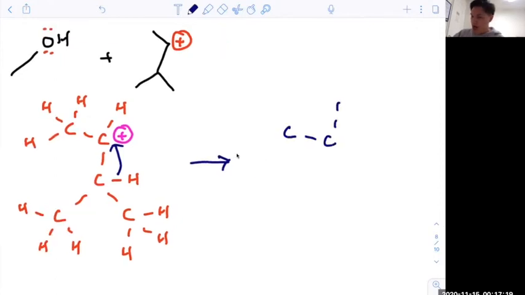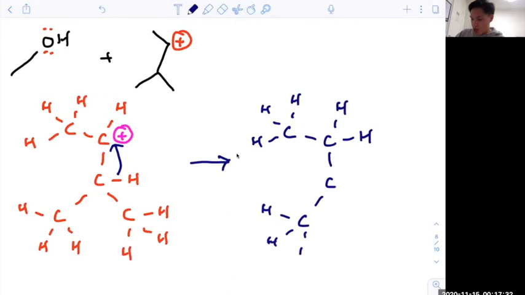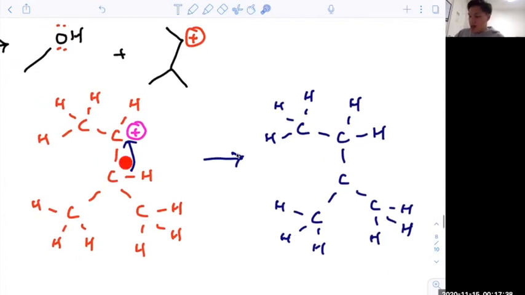So now this carbon, which was missing a bond, now has the H, and then this carbon right here, let me draw in my H's real quick. This carbon once had the hydrogen, but the hydrogen shifted to this carbon. Now this carbon has the hydrogen.